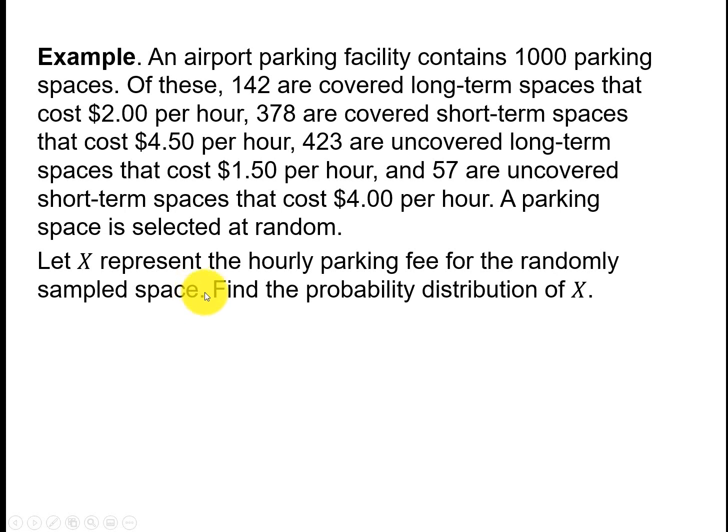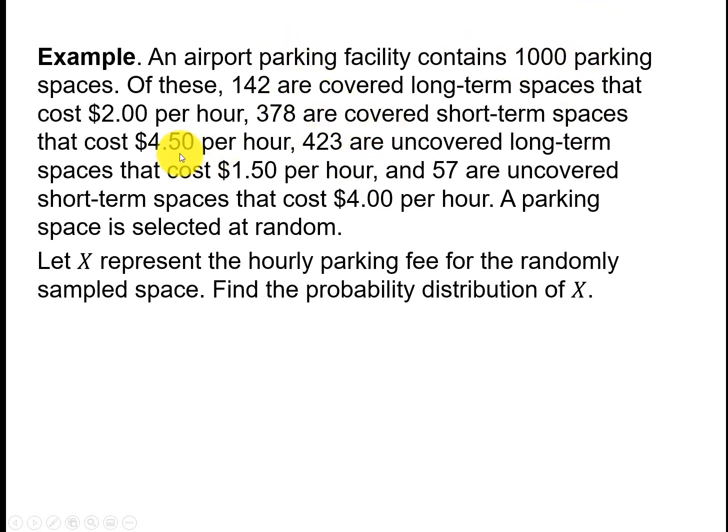So to walk you through this, the x is going to be like $2, $4.50, $1.50, or $4, and I would prefer if you would sort them. And then the probability of these are just whatever these numbers are divided by the total, which is 1,000.